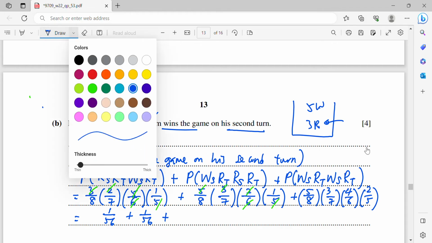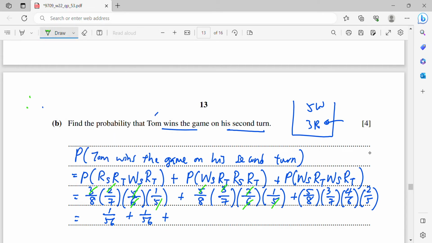plus lastly 3 and 2 cancel with the 6, then the 4 cancel with the 8, the 5 cancel. So here if you don't want to cancel the 4 with the 8, then you can get the answer easily. So I won't cancel the 4 with the 8. So here is going to be 8.